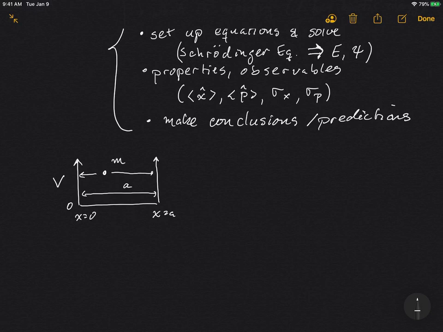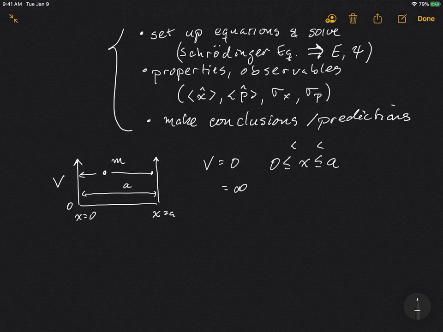Okay, and then let's just be a little bit more explicit about what the potential is. The potential is 0 in the region from 0 less than or equal to x less than or equal to a. And it turns out that the less than or equal doesn't end up mattering. You can also say just less than.